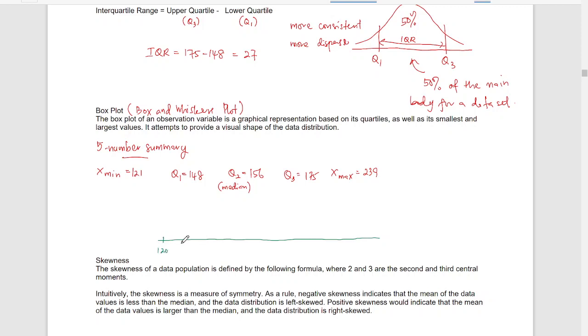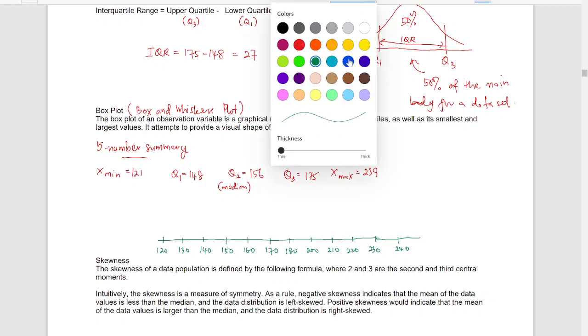So 120, 130, 140, 150, 160, 170, 180, 200, and then 210, 220, 230, and finally 240.